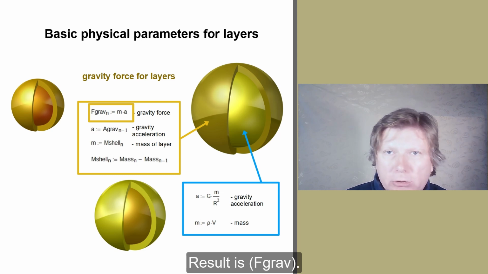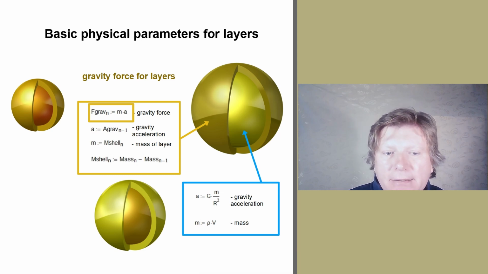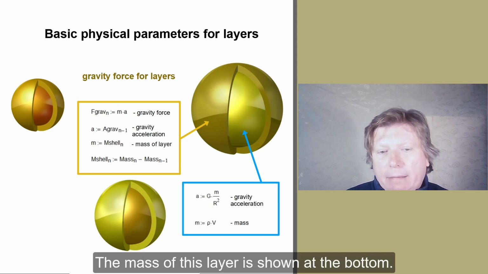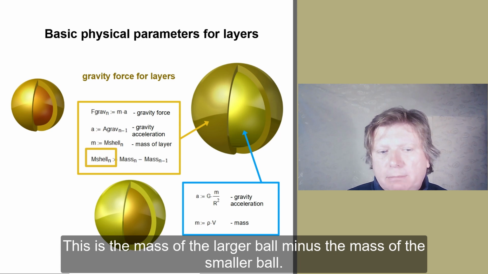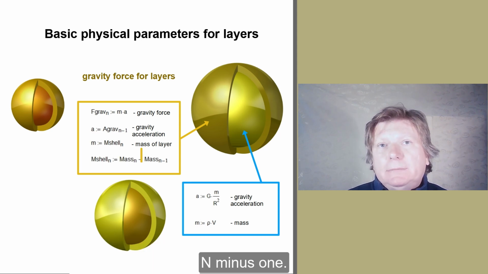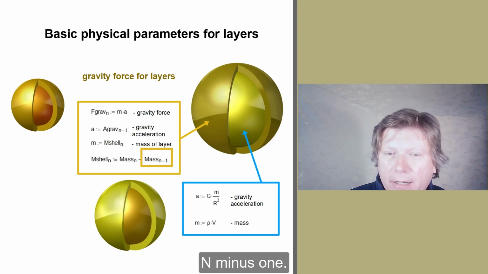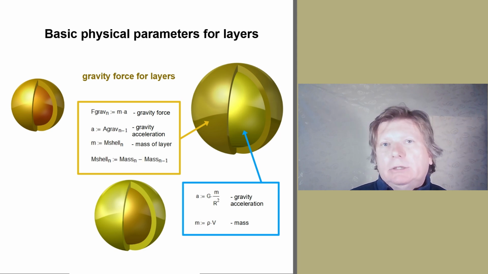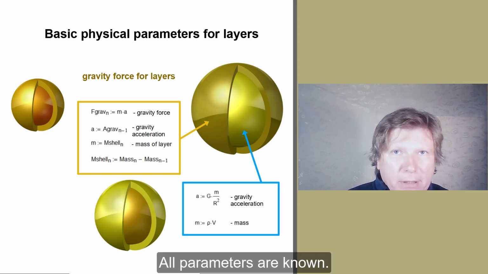One multiplied by the other gives us the force of gravity, F graph. The mass of this layer is shown at the bottom. This is the mass of the larger ball minus the mass of the smaller ball, n-1.